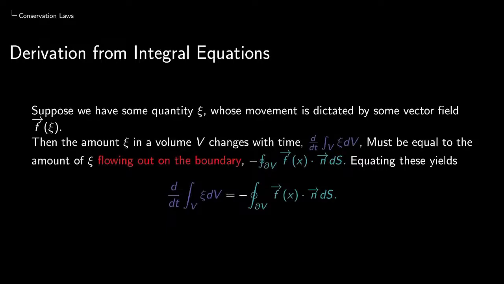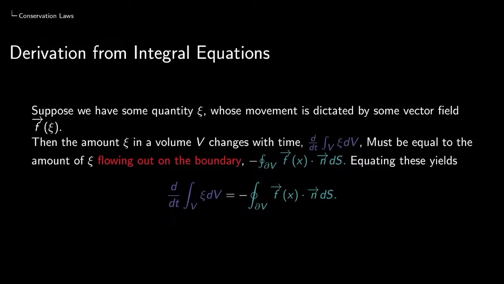If we have a fixed volume, the amount within that integral, as it changes with respect to time, must be equal to the amount flowing out of the boundary of this volume. So the only way something will change is if it leaves through the boundary. And the stuff that leaves through this boundary is captured by the cyan integral, which is a surface integral of that flow field against a normal vector.